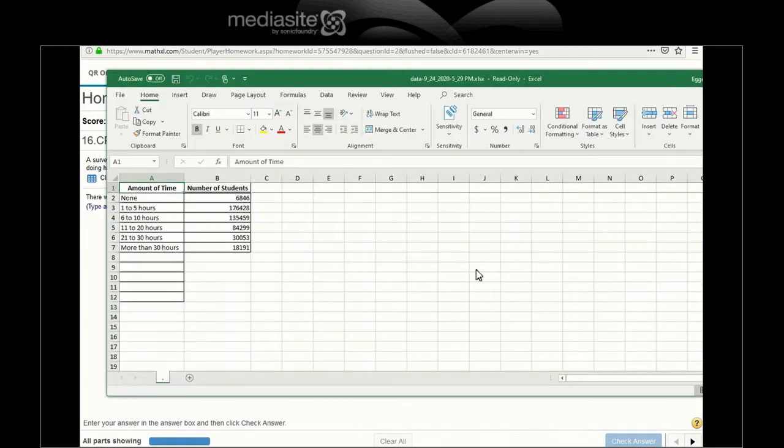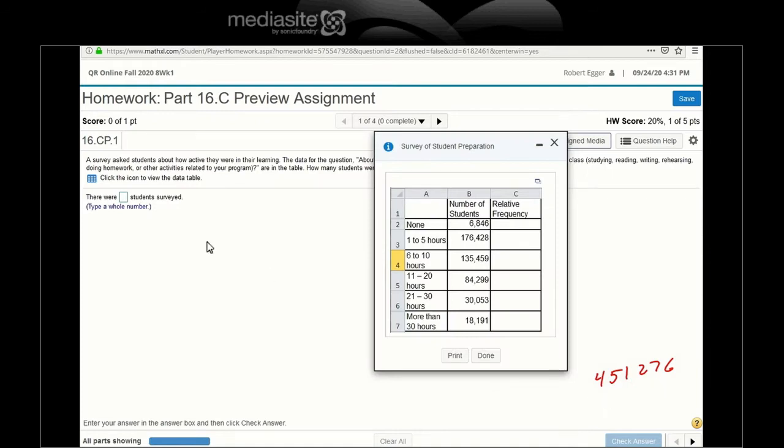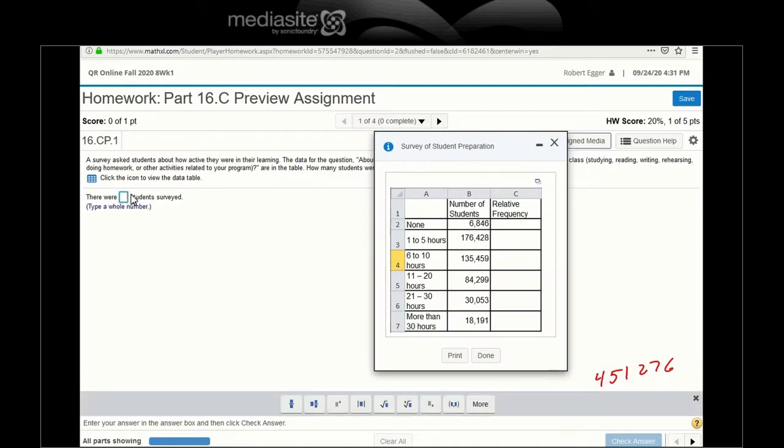Now let's see what happens if we do it this way. Hit escape if it locks up on you. Do sum and formula, auto sum, enter. Let's see, 451276, 451276, same numbers.